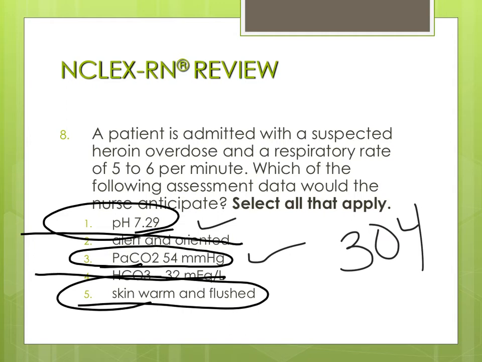When you look at the primary disturbance of respiratory acidosis, table 17-10 on page 304 shows you that respiratory acidosis is often the result of, for instance, COPD or an overdose. And so this is an example of what happens to an individual and the signs and symptoms that they would have.